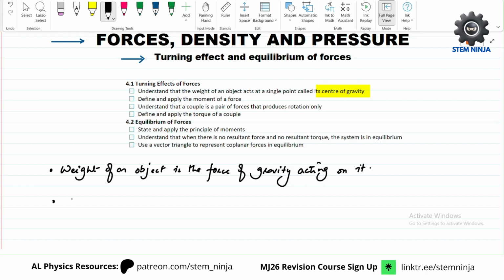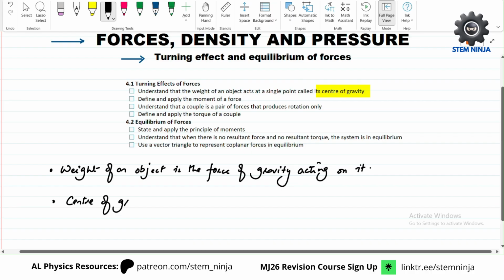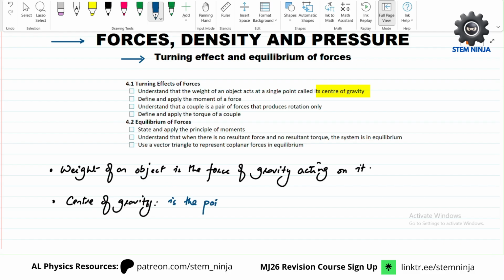So center of gravity is the point through which the entire weight seems to act.